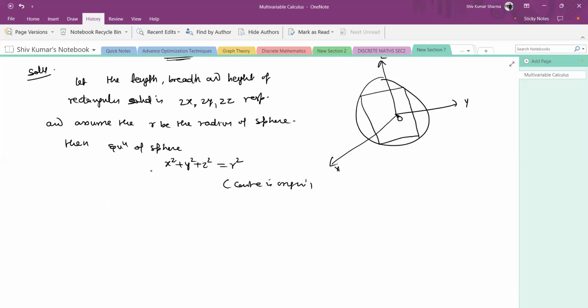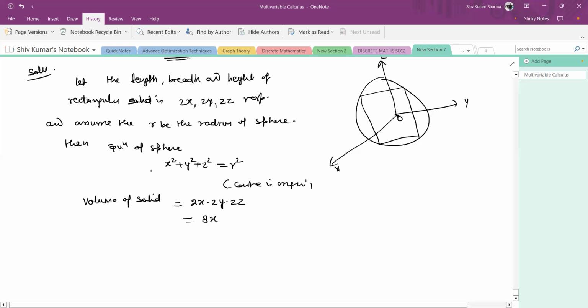And the second is the volume of the rectangular solid. So volume of the solid is equal to L into B into H, that is 2x into 2y into 2z, which is equal to 8xyz.